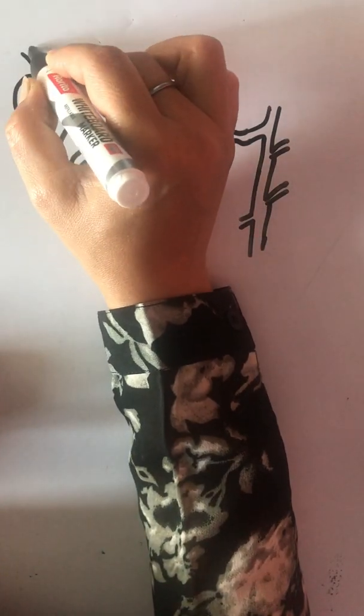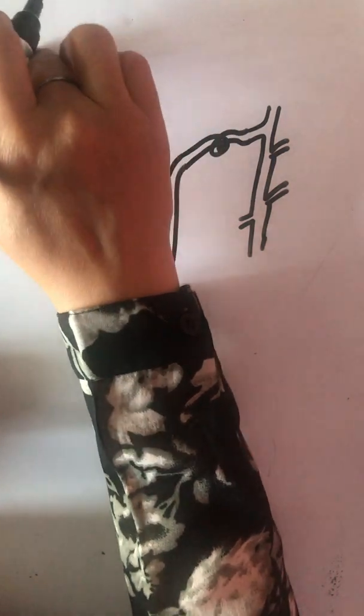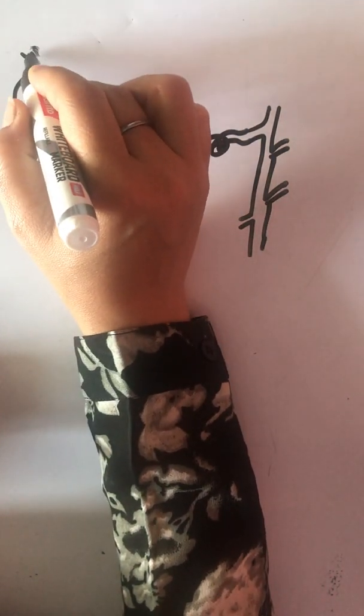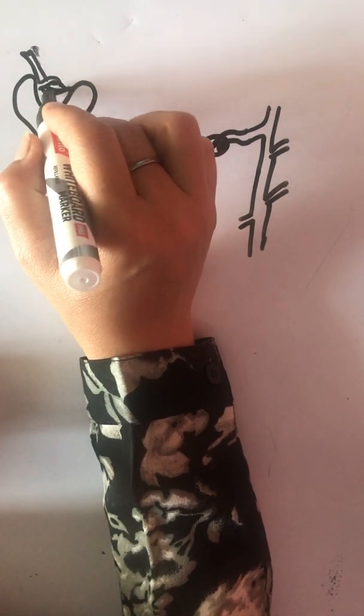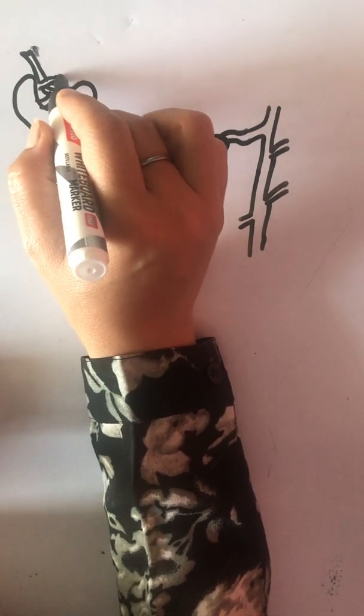This is the afferent artery, obviously, which will bring in the blood. And it forms a mesh-like network or structure here.